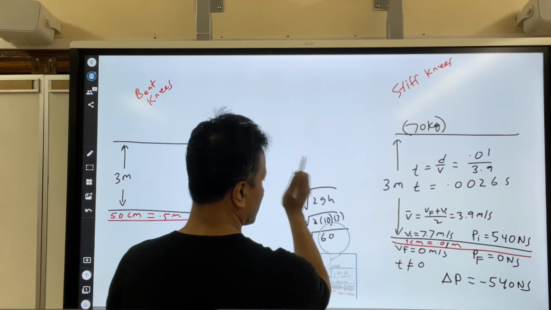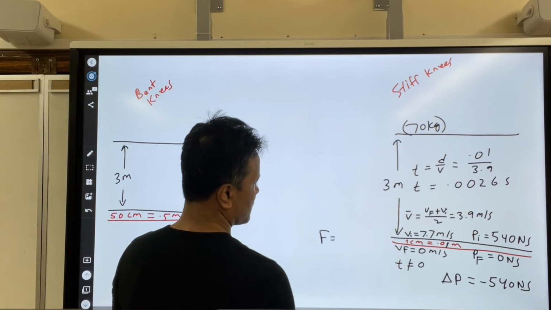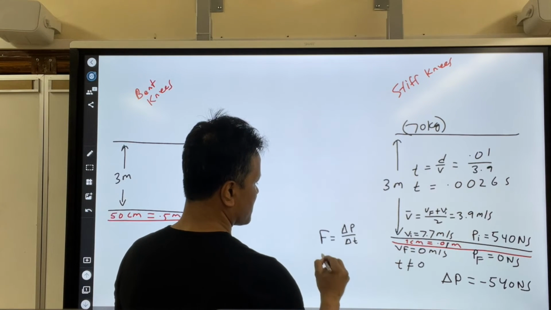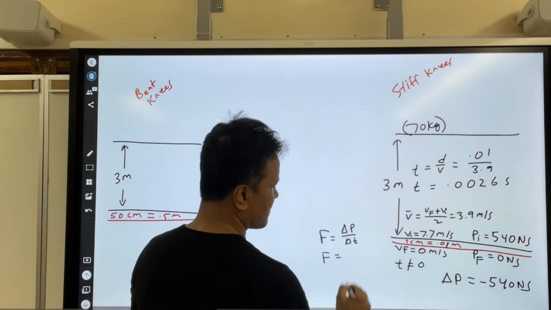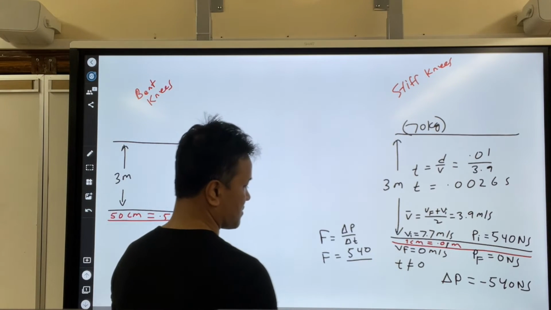So the force over here should be what? The force would be delta P over delta T, Newton's second law. So the force is delta P is 540. Delta T is of course negative.